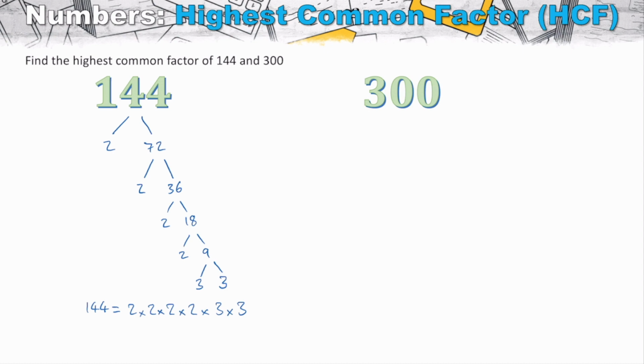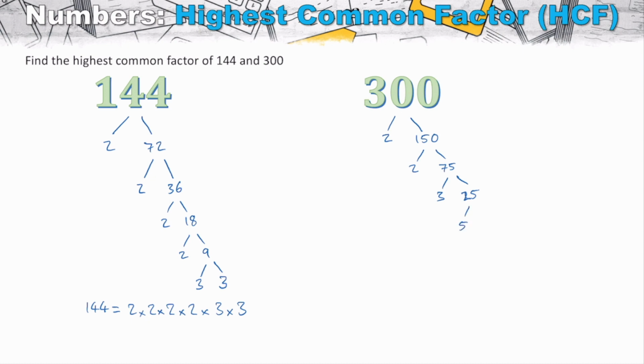And now we can apply the same to the 300. So the 300 can be divided by 2. It gives us 150. 150 can be divided by 2. Gives us 75. 75 can't be divided by 2. It can be divided by 3, and it'll go 25. 25 can't be divided by 3.